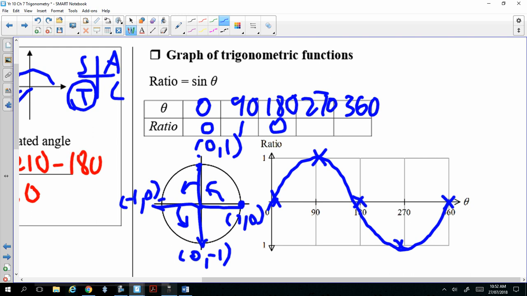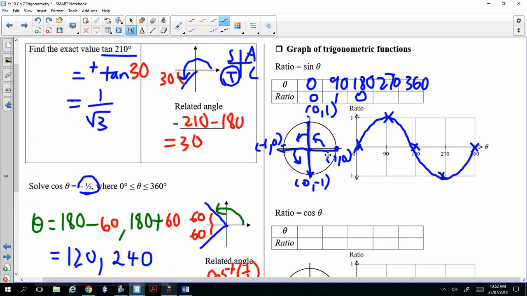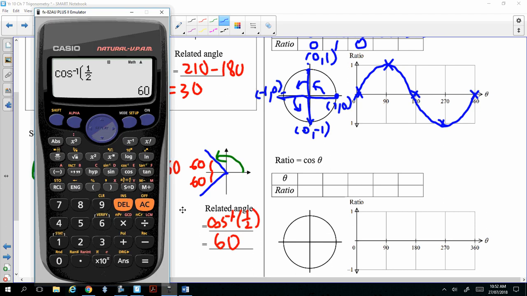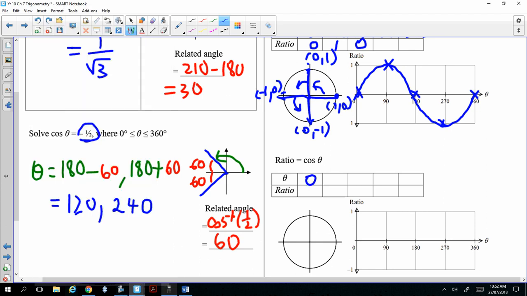You should try out the cos graph. Now, if you don't like to use the circle, you can also press the button on a calculator. For example, let's do it for cos 0, 90, 180, 270, 360. If you press the button, cos 0 should give you 1. So it gives you 1, right?